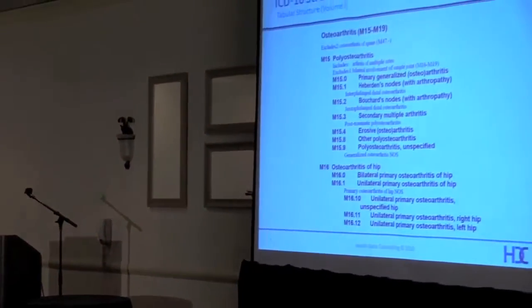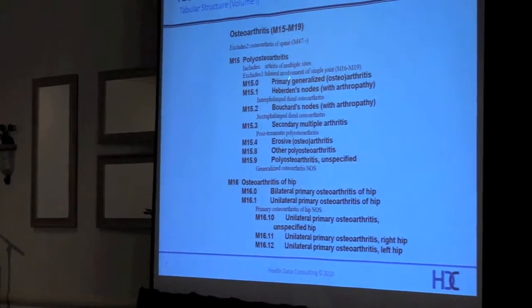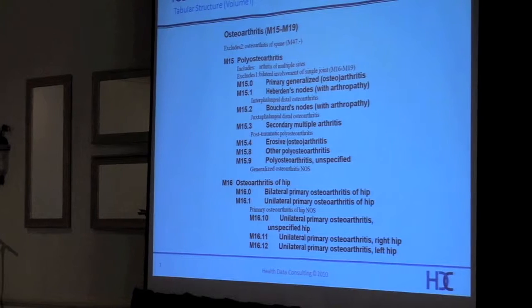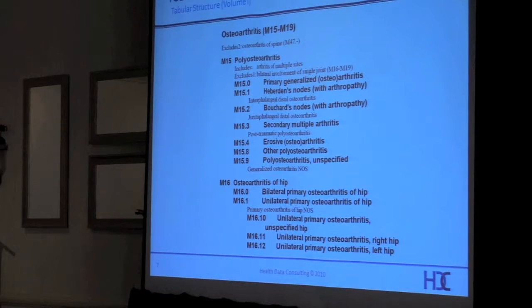What it says is if I have polyosteoarthritis in any one of these codes here, because this applies to all of them, it includes arthritis at multiple sites, which would make sense. It excludes bilateral involvement of a single joint. You'd look someplace else. So they're just rules that tell you where to look for those things.